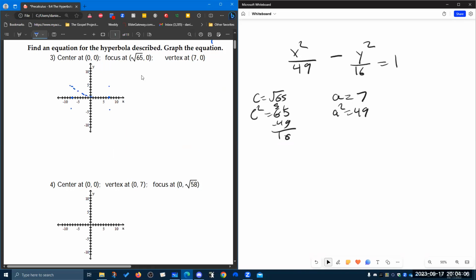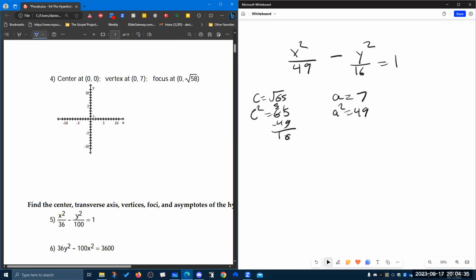And we make our asymptotes. Like so. And we're going to make a graph like that.